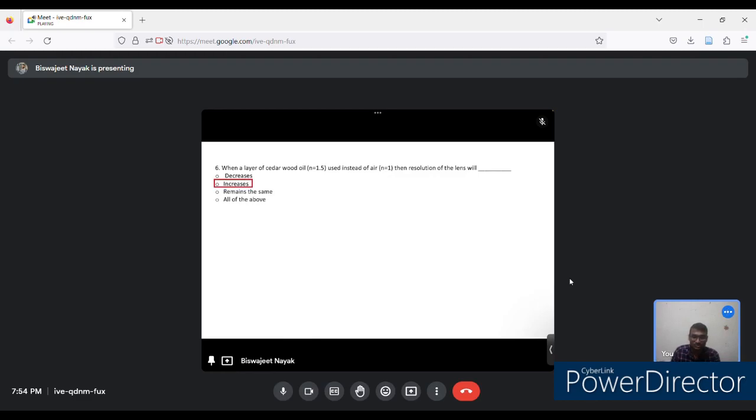So here the answer will be increases. Cedar wood oil has a refractive index of 1.5, which is more than air, so that will increase the amount of light falling on the aperture. This basically increases the numerical aperture, for which the resolution increases. So yeah, this is the reason.